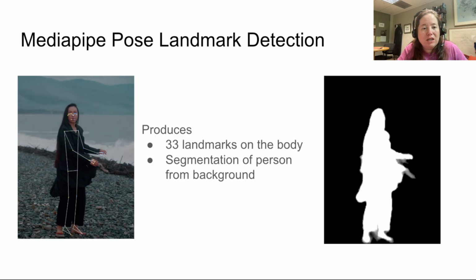So for this particular image, you can see that it did a pretty good job of coming up with the skeleton, but it also is doing an excellent job of segmenting the person from the background, which is not a trivial task on a picture that's dark, where someone's wearing dark colored clothing and there are dark things in the background as well. So that's fairly impressive.